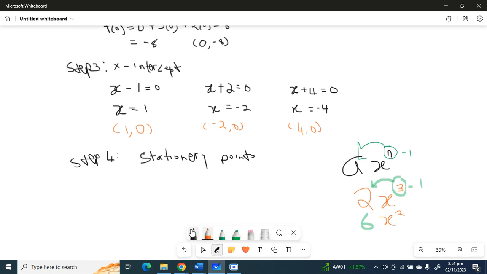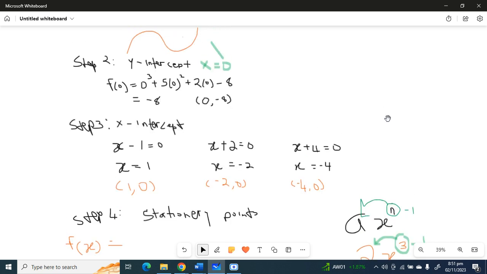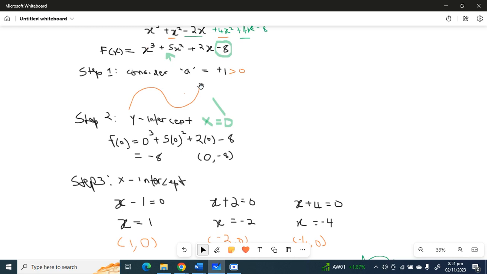So let me write the function, then I differentiate it. x cubed plus 5x squared plus 2x minus 8.